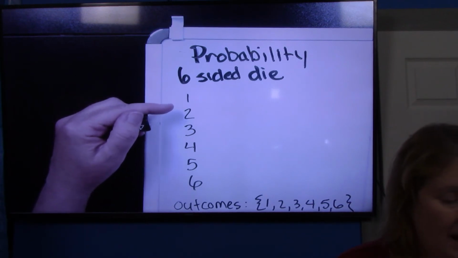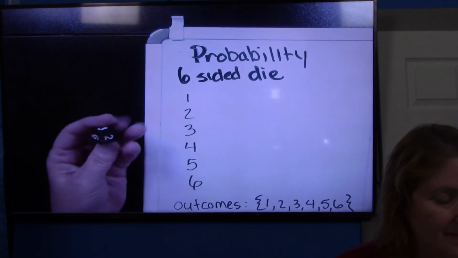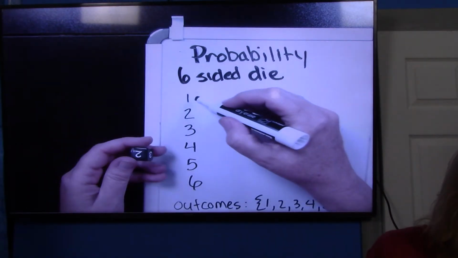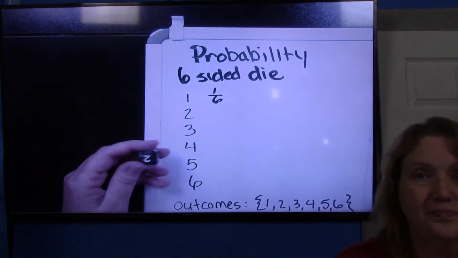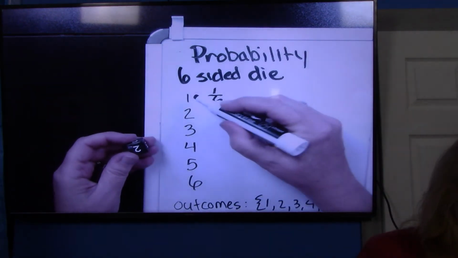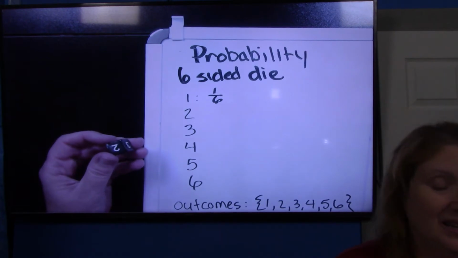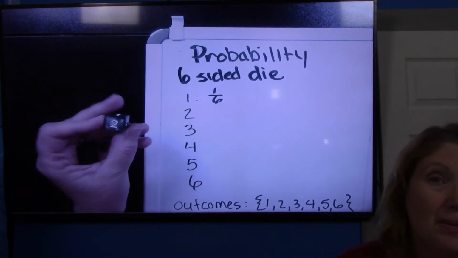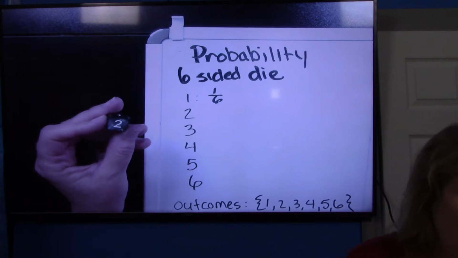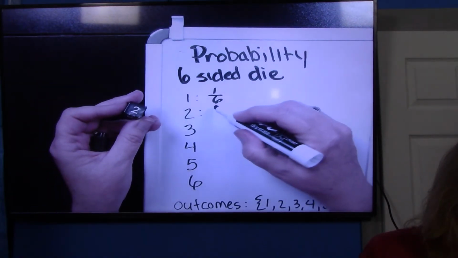Well, I have 6 sides, so the probability of me getting a 1 would be 1/6. The probability of me getting a 2, there's only 1 2 on here. So the probability of getting a 2 would also be 1/6.